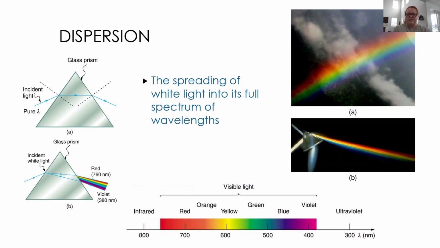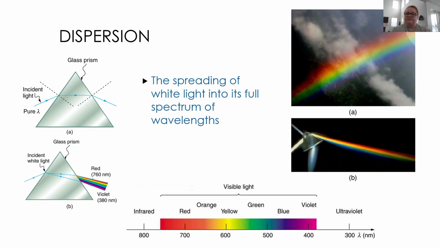So I just want you guys to understand what dispersion is, and recognize that it is present when we have white light that spreads out into a spectrum of wavelengths.